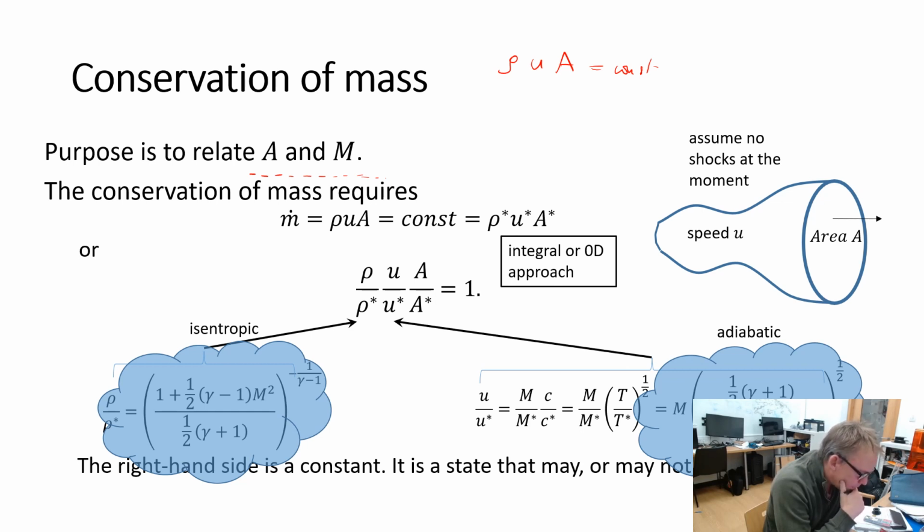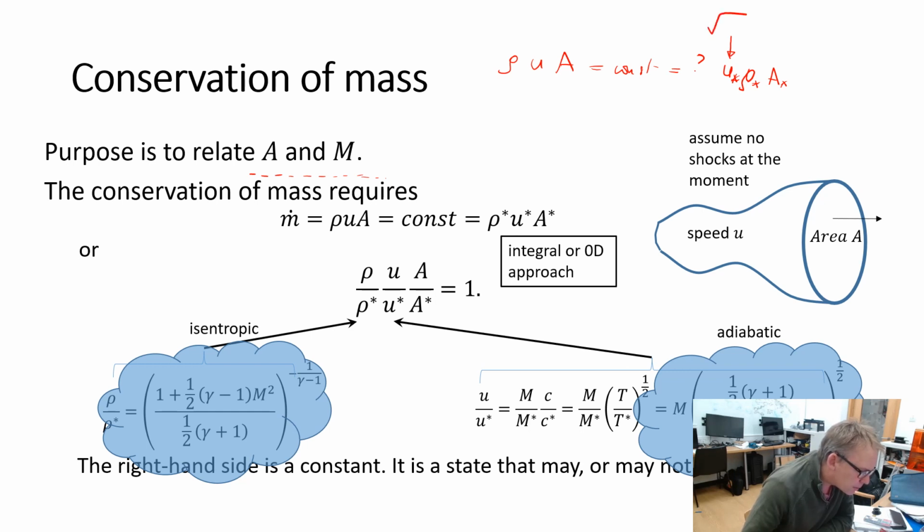So we can apply conservation of mass. Rho UA is constant, and we don't know what that constant is at the moment. It will be determined by an initial state. Let's just say that state is U star, rho star, A star. We know what a critical velocity is.